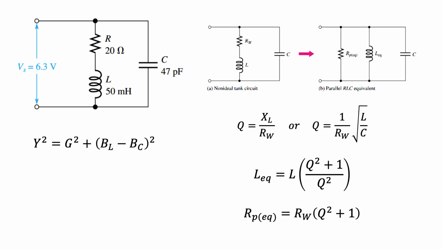We can convert the non-ideal tank circuit to its parallel RLC equivalent using the following equations. From the equation, you can easily verify that when Q is equal to or greater than 10, the equivalent inductance is equal to the original inductance.